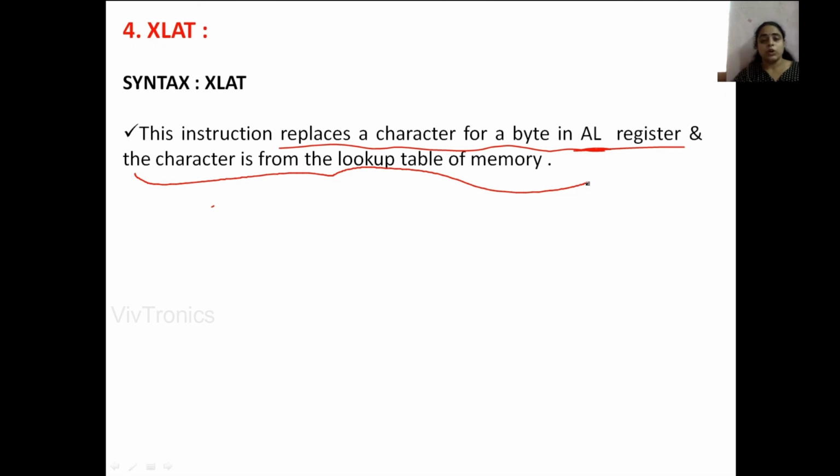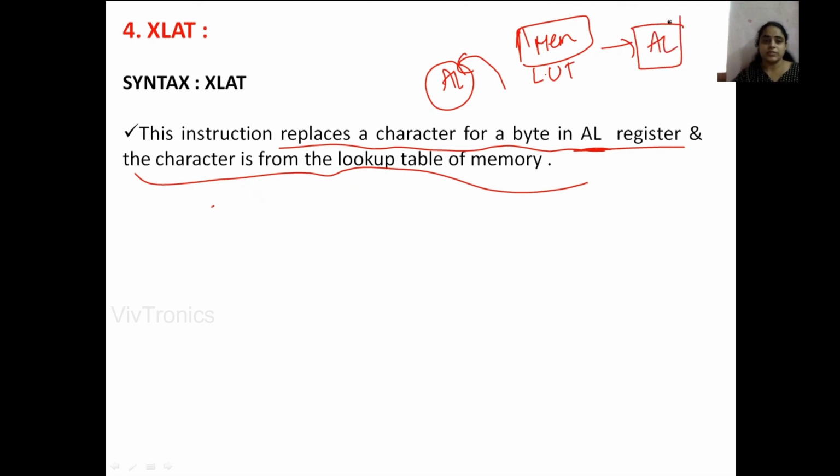So from the lookup table of memory, it copies a character or byte and moves it to the AL register. Next are the IN and OUT instructions.